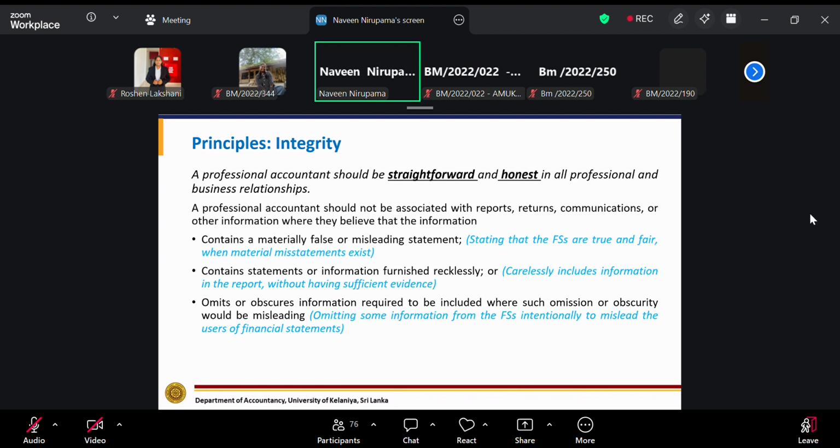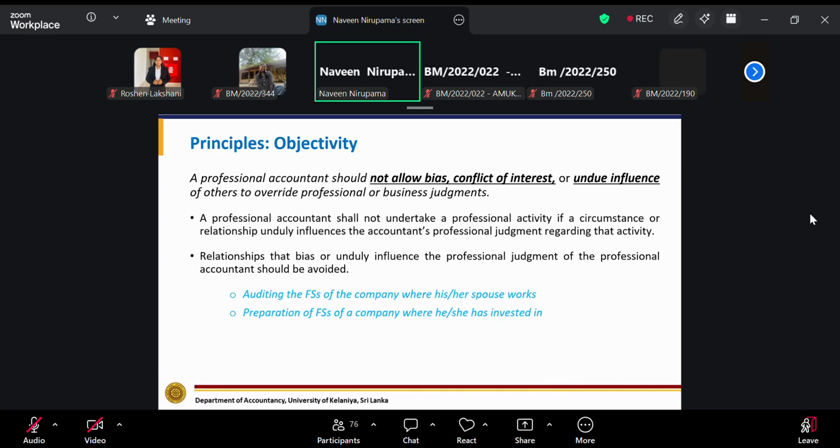And the next principle we can see is objectivity. What is objectivity? As a professional accountant, the objectivity principle mentions that you should not allow bias, conflict of interest or undue influence.